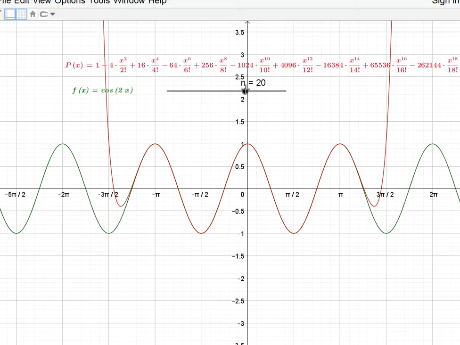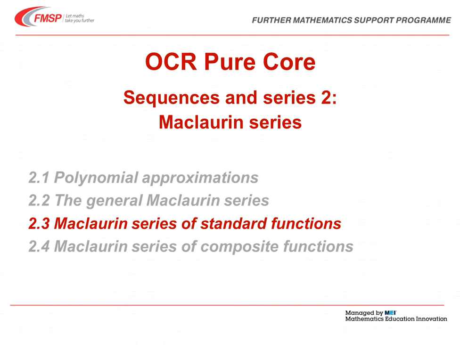And look at the associated terms in the approximation. In the next video, we will look at the Maclaurin series of standard functions.